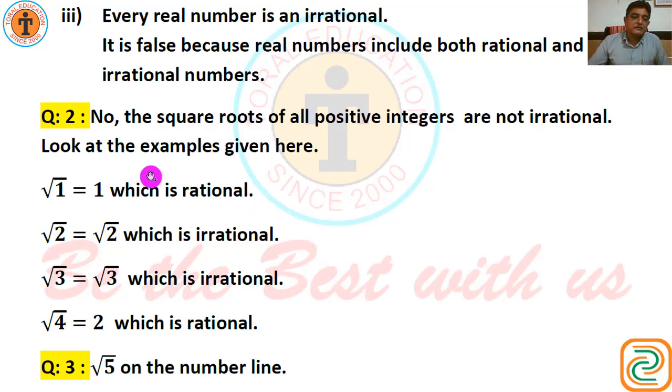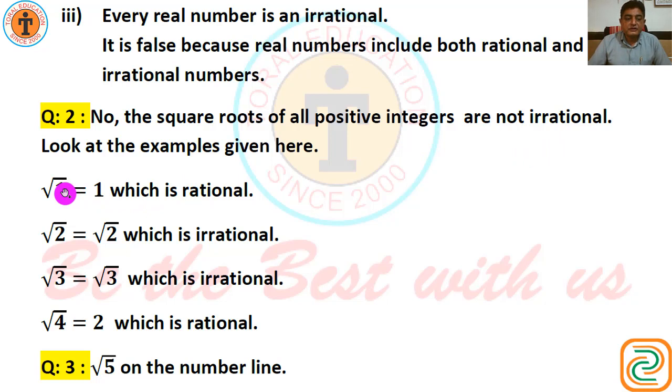Here I have given answer no. The square root of every positive number is not an irrational number, right? The square roots of all positive integers are not irrational. Here are some examples.